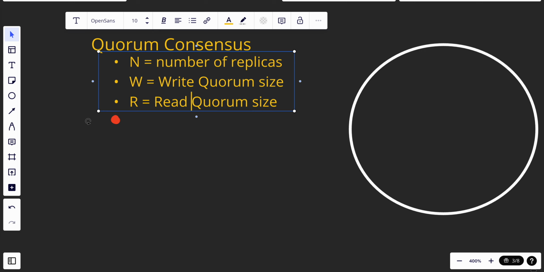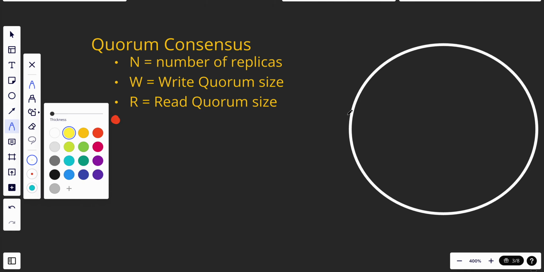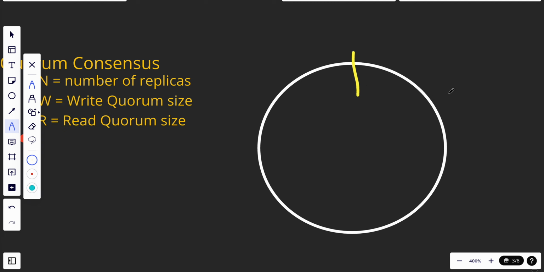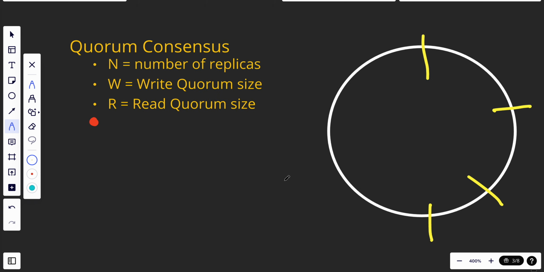N is the number of replicas. For example, let's say that we have these four, so N is 4 right now.